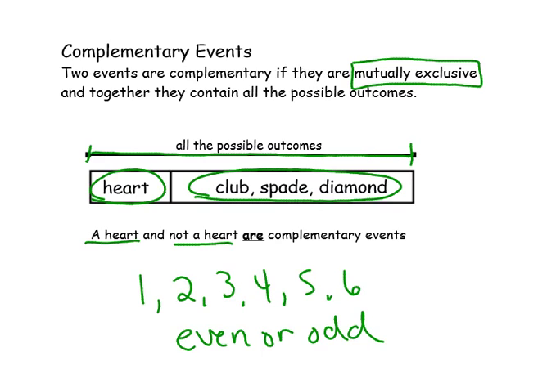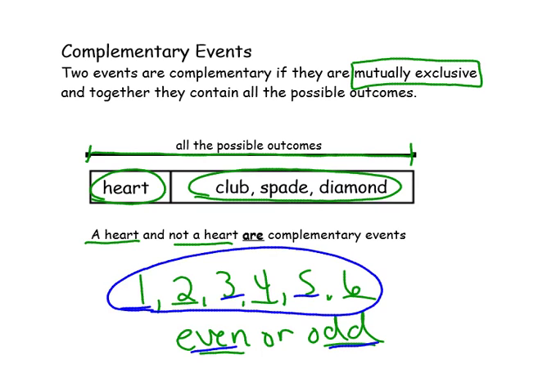No. So they're definitely mutually exclusive. Do these two groups together contain all the possible outcomes? Well, here's your evens, 2, 4, 6. Your odds are 1, 3, 5. So together, even and odd contain all the possible outcomes. So for a die, even and odd are complementary events.